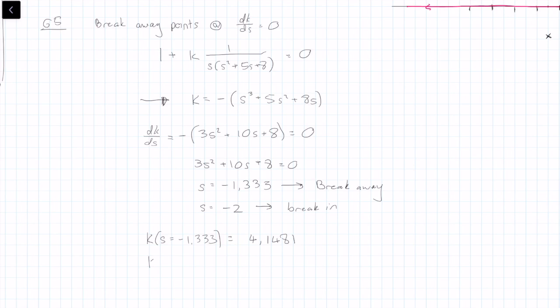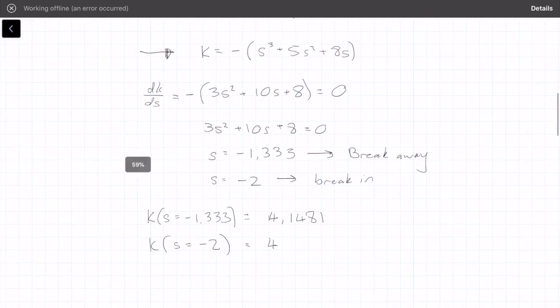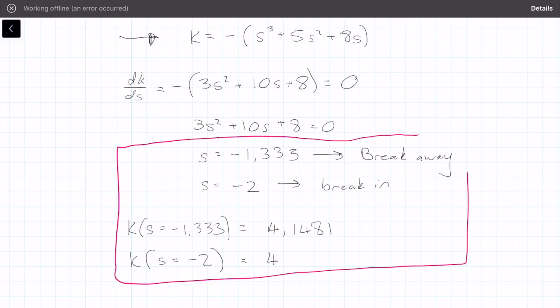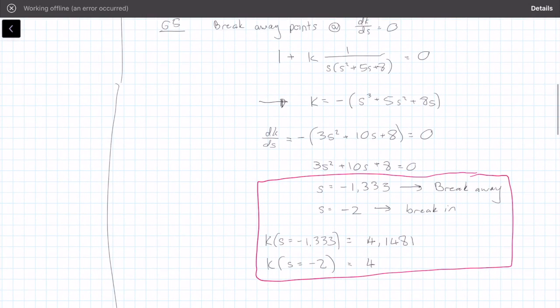And k, where s equals minus 2, so we substitute minus 2, and when we plug that in, we get k equals 4. Okay, so those are the most important points that we have, so let's put a box around that right there. Okay, so now we can go on to guide 6.